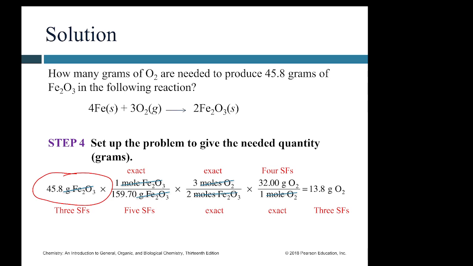The next thing is to use that mole to mole ratio so we can leave moles of Fe2O3 and get into moles of O2. So we cancel moles of Fe2O3 and go into moles of O2. Once we're in moles of O2, we just need to get to grams of O2, right? And so we put the moles number on bottom, we put the grams on top, and that gets us into the grams of O2.